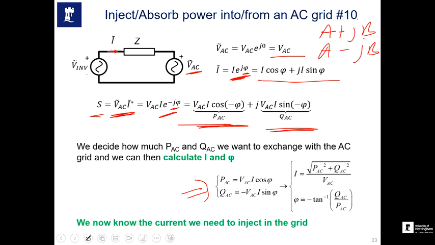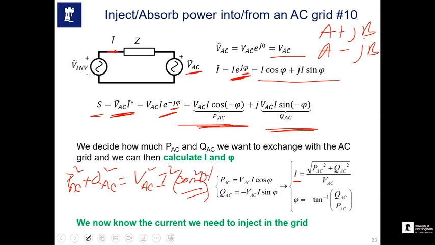Now from this equation, if I want to derive the first equation for I, what you do is square them. PAC squared plus QAC squared is equal to VAC squared I squared, right? Because cos squared plus sin squared is equal to 1, isn't it?